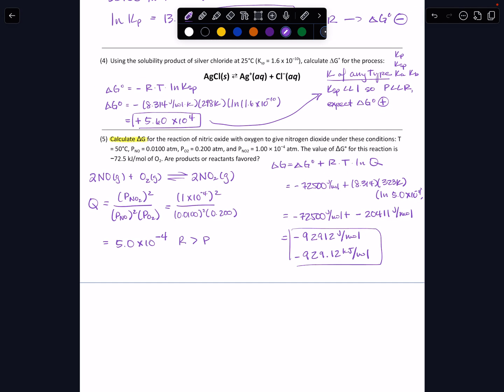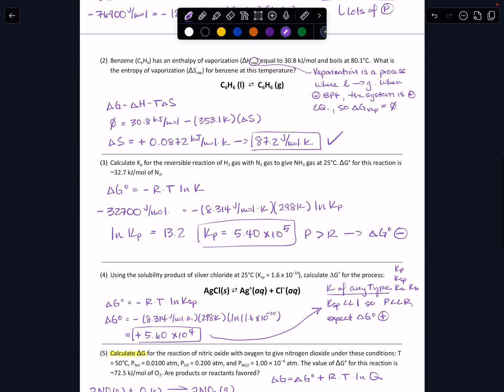You can see a lot of this work is just manipulation of formulas, but make sure that when you're finished, you look at your answer and ask yourself if it is reasonable in terms of what you understand about the equilibrium constant and the free energy for that system. They should be in unison, in that if you have a high K value, you should have a very negative delta G value.